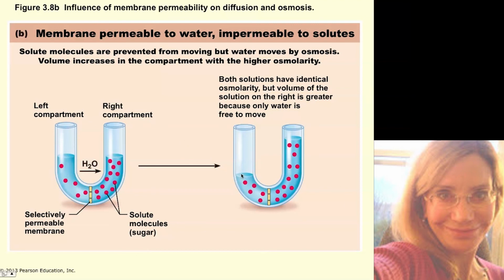Water will diffuse. Water actually can diffuse back and forth, but there will be a net diffusion from this area over to this area because the number of solutes over in the right compartment was much greater. So the water will be drawn over to that area where there are more solutes, and therefore it's going to increase the volume now on the right side.